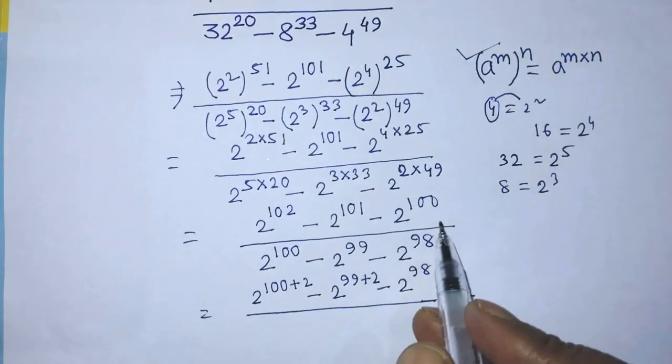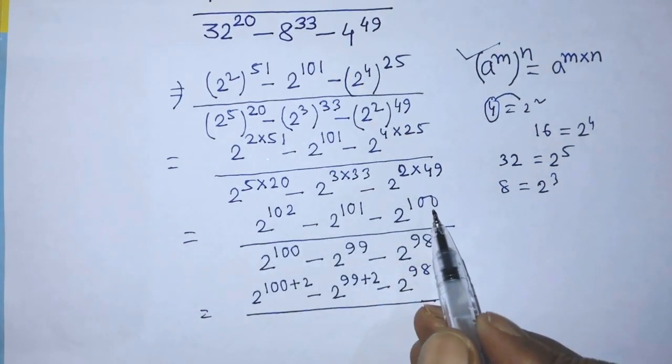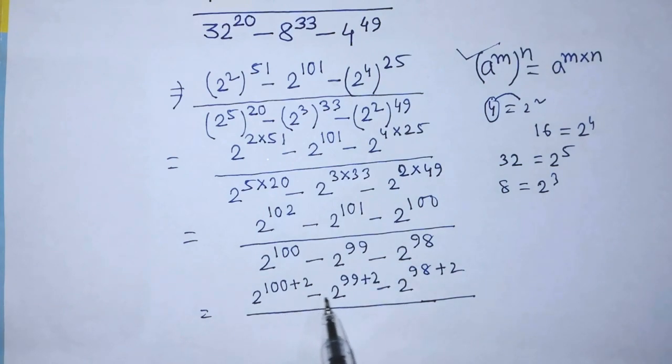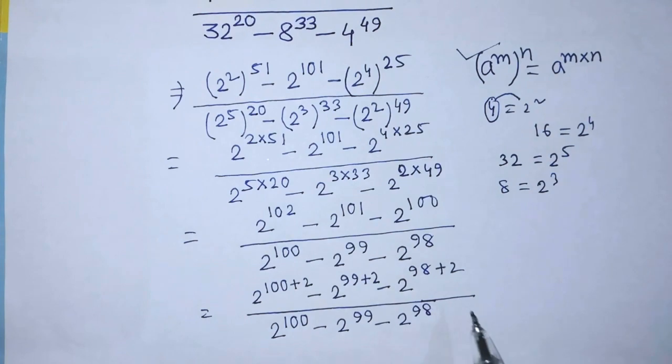To simplify these algebraic expressions, we have to change only the numerator, but we should not change the denominator. So in the place of the denominator, again we have to write 2 to the power 100 minus 2 to the power 99 minus 2 to the power 98.